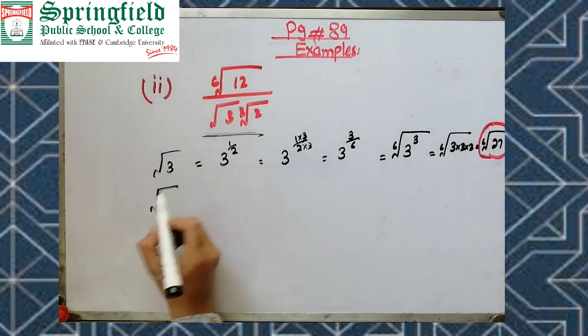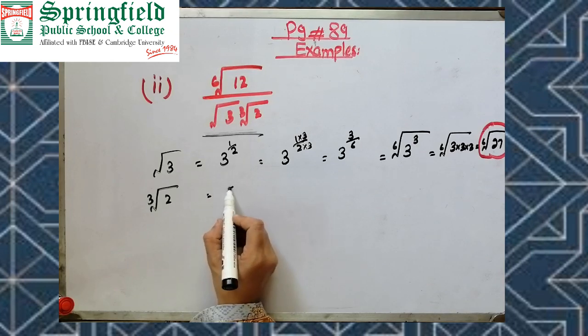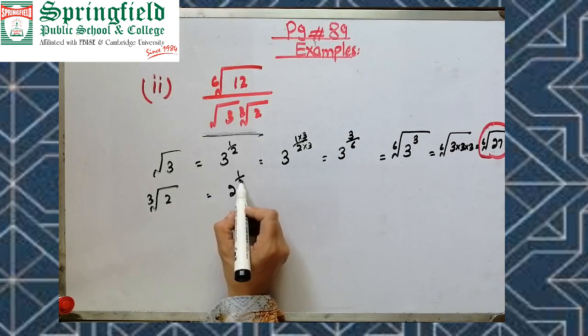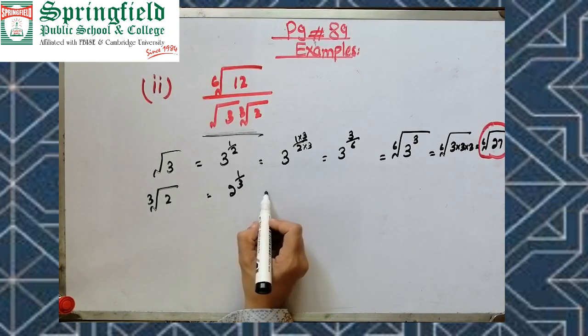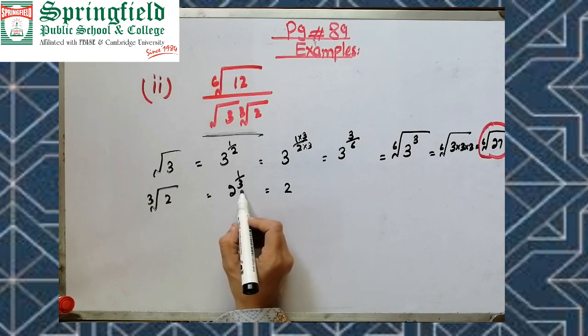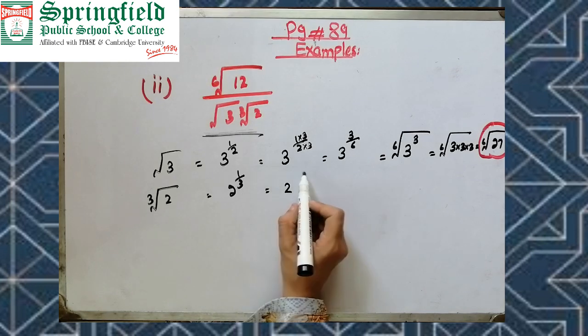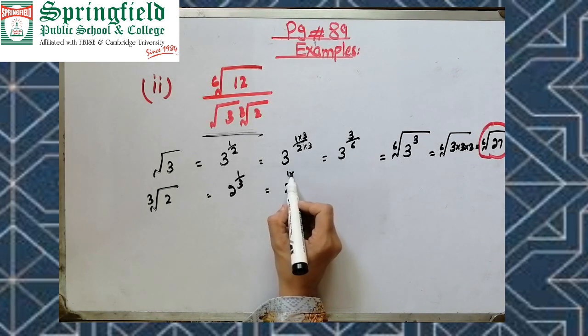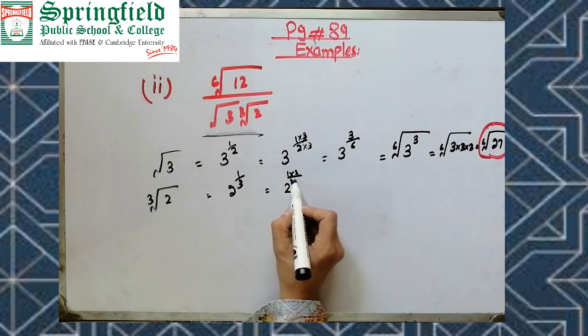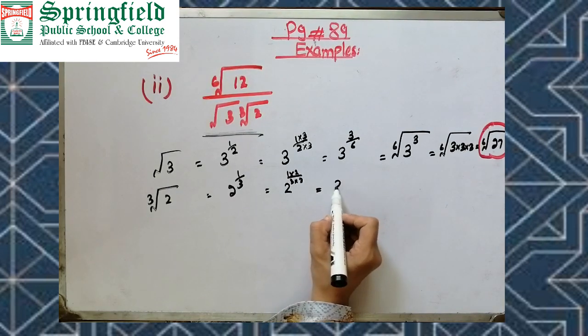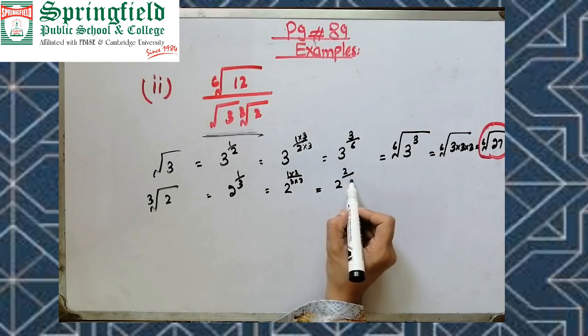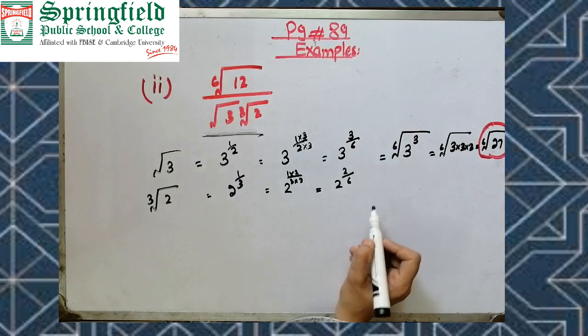Now the second one is the cube root of 2. It means cube root is 1 by 3. Now make the denominator 6. So we will multiply 2 with numerator and denominator. So 1 multiply 2 and 3 multiply 2, 2 divided by 6.